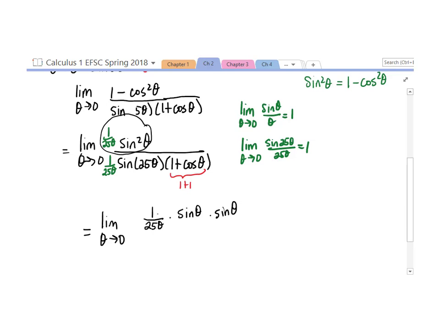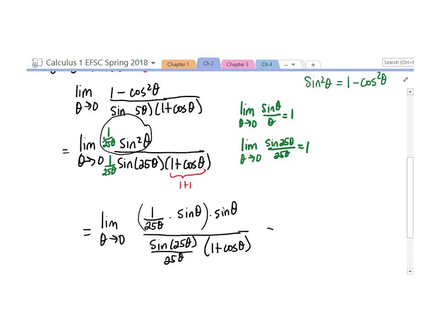I don't want sine squared theta, because if I separate this out and group it this way, then I'm going to get something of a form that I can work with. And in the denominator, I'm going to have sine of 25 theta over 25 theta times 1 plus cosine of theta.